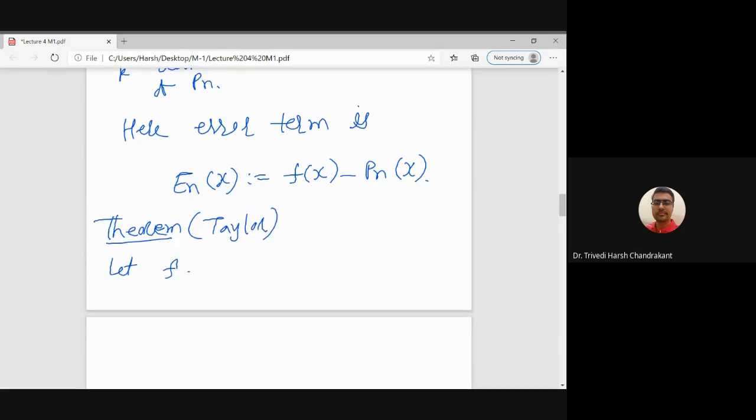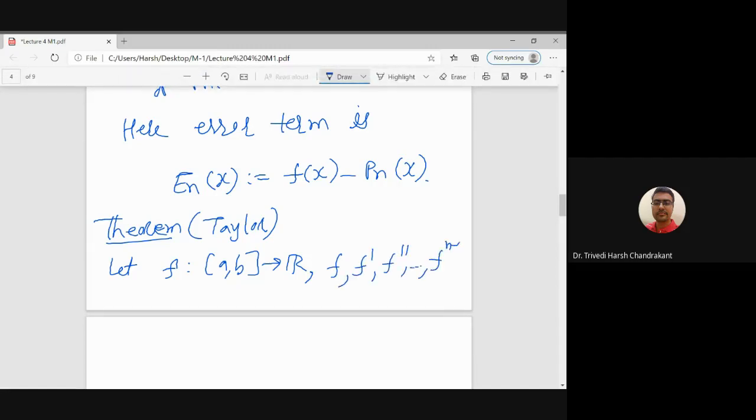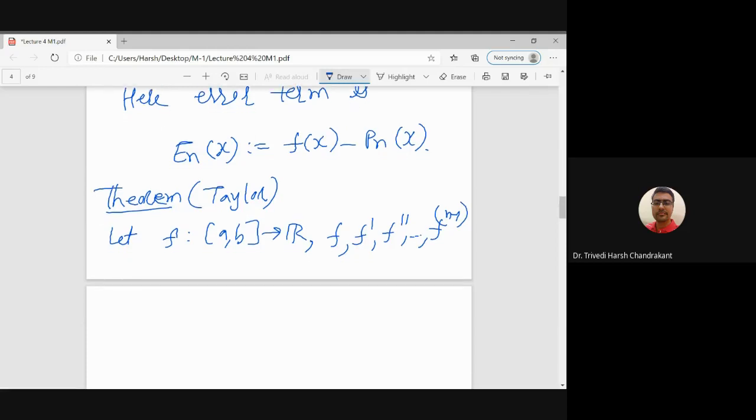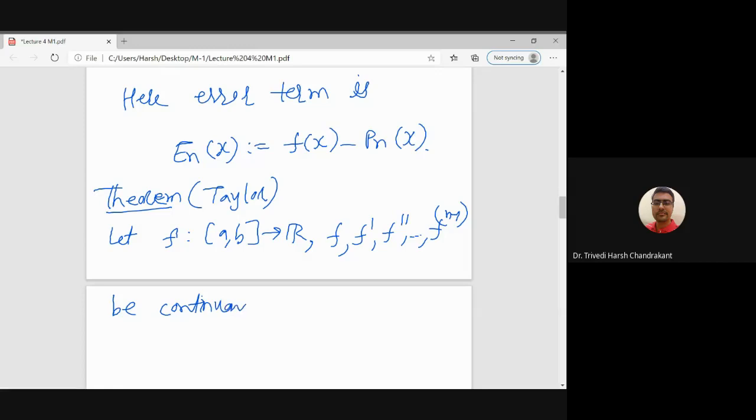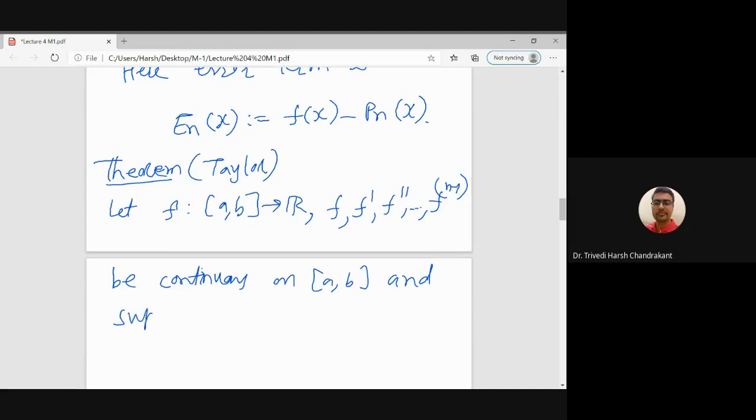So let f be a function from closed interval a b to R, and let f dash, f double dash, up to the n minus 1th derivative be continuous on the closed interval a b, and suppose the nth derivative exists.